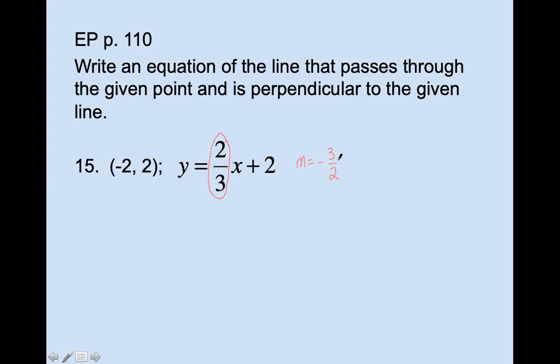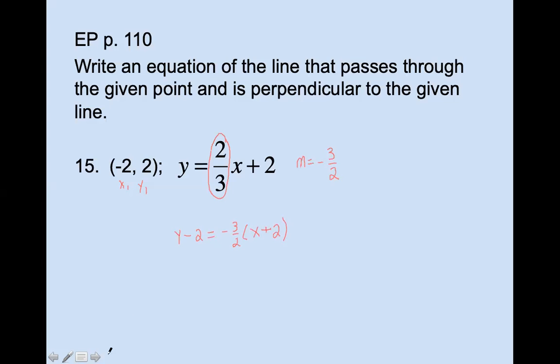So I'm going to use this slope and this point. And again, I'm going to write the equation in point slope form. So y minus y1 equals m, and notice I'm using this m because I want it to be perpendicular to that given line. And x minus x1, minus a negative, again, is a positive.